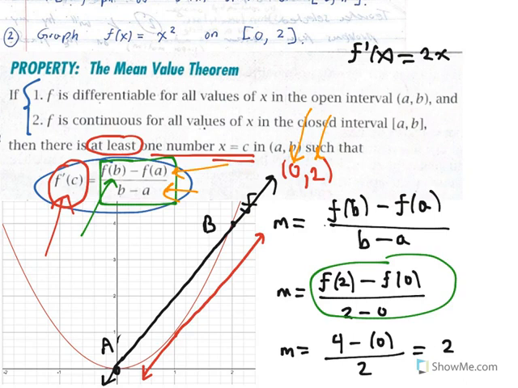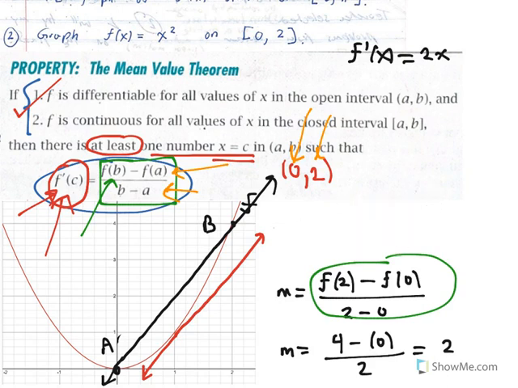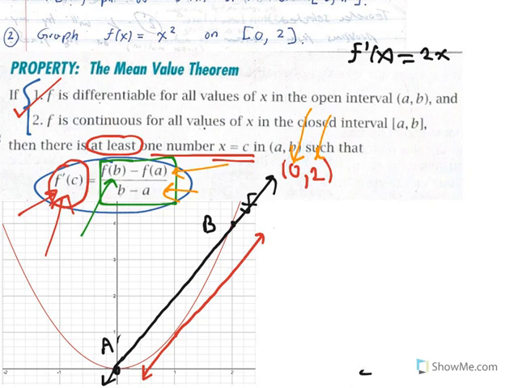That's all that the mean value theorem is, and when you have a function that satisfies the hypotheses, then it is sufficient for us to know that this must be true. The conclusion must be true, that there must be a tangent line to the graph of f on the interval from a to b such that that tangent line will be parallel to the secant line.